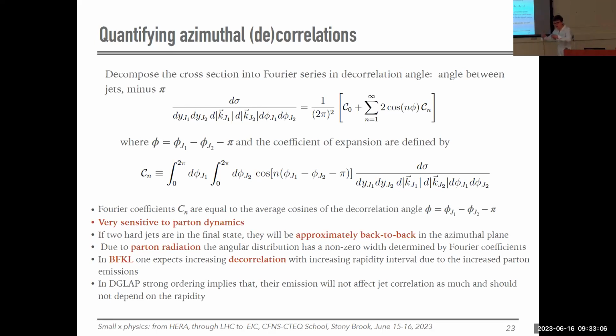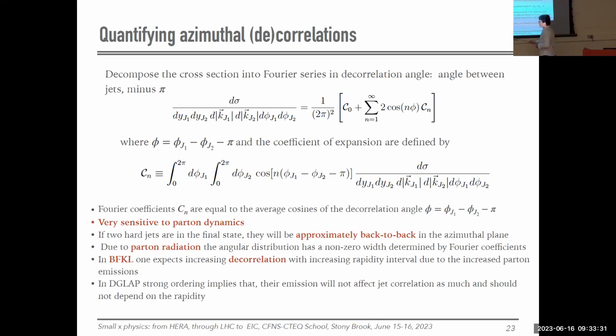So now you're going into very small details. You can learn a lot if you study these angular coefficients, right? Because one thing is to describe the very inclusive cross sections, but if one can describe these coefficients, that gives you quite a bit of information about the dynamics.